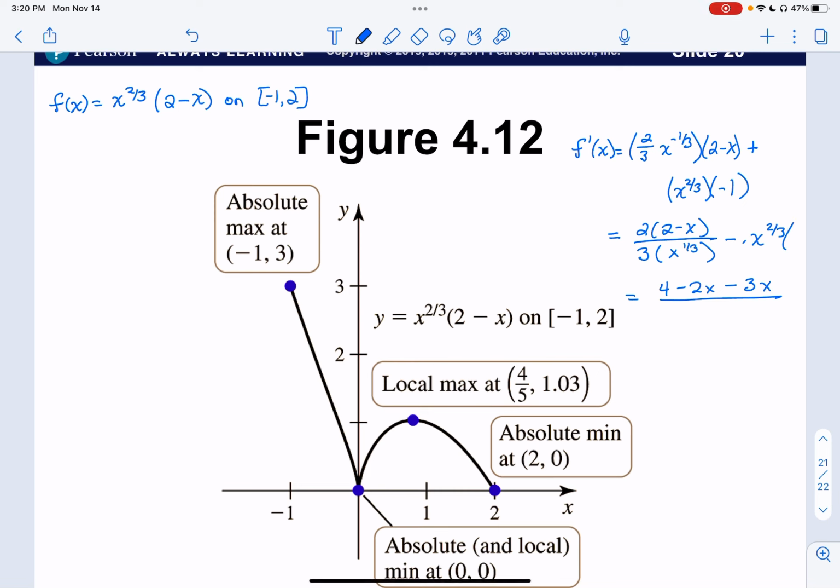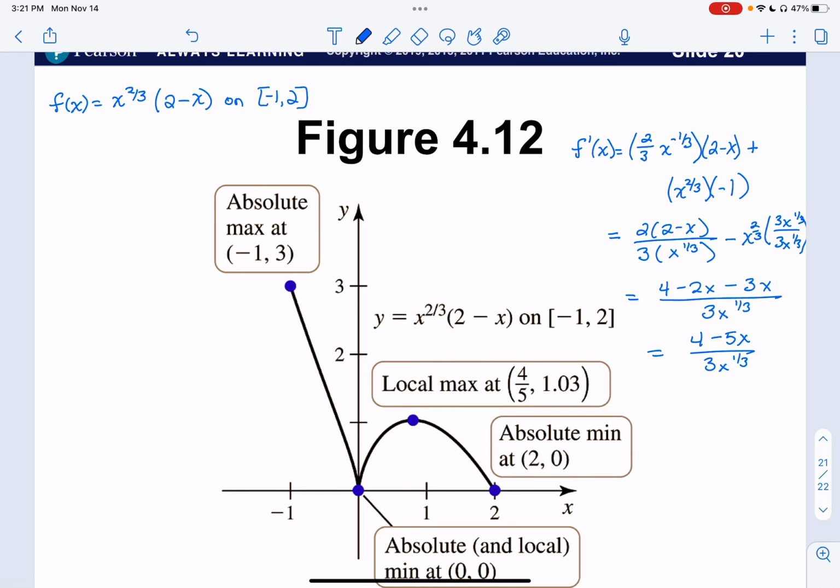We're multiplying this last term, which was x to the 2/3, by 3x to the 1/3 over 3x to the 1/3 so that I can get a common denominator there. So I'm going to end up with 3x on the top, and all of this is going to be over 3x to the 1/3. And so I'm going to get 4 minus 5x all over 3x to the 1/3.